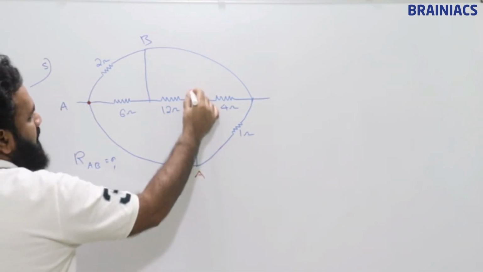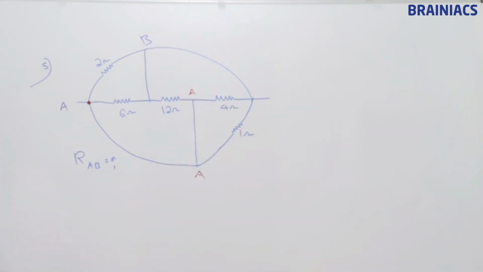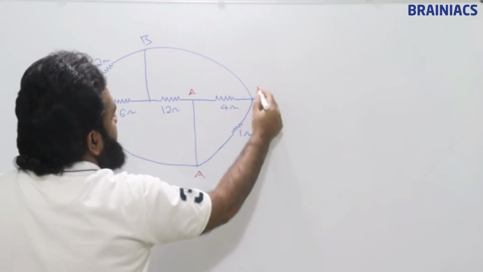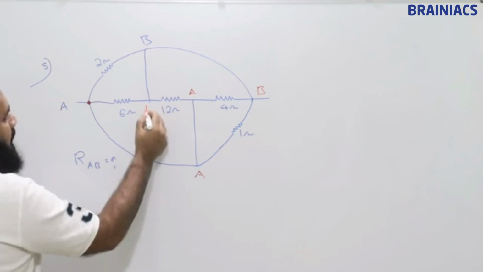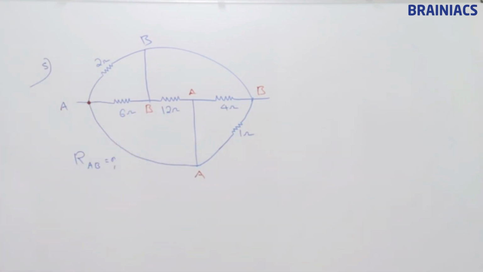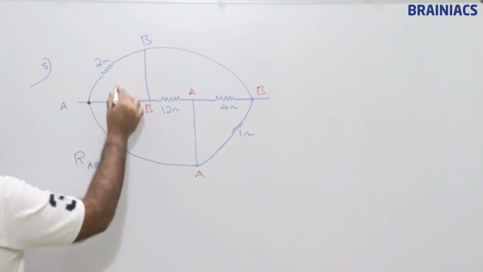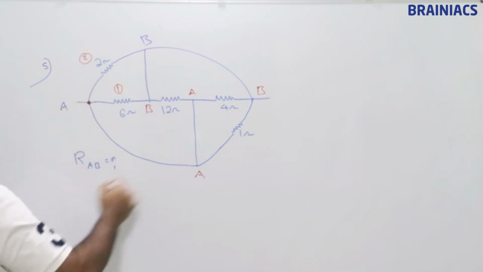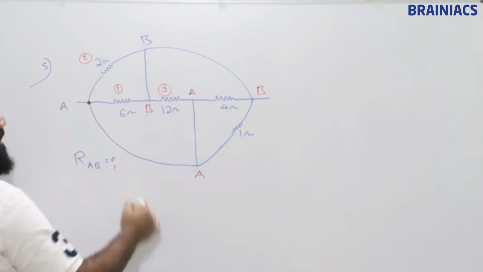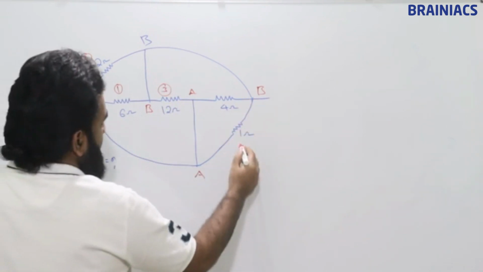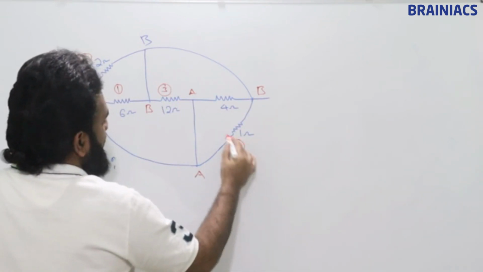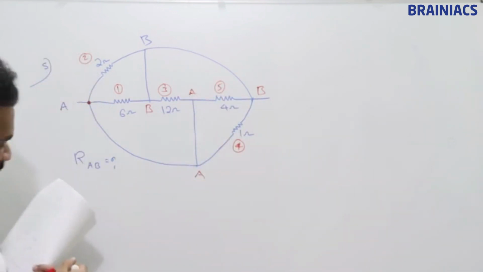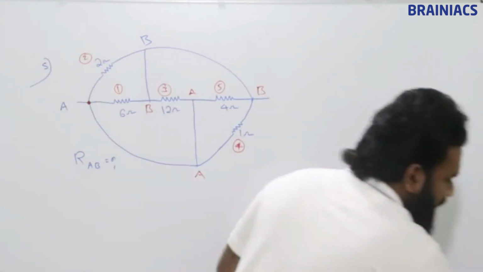Same way here, no resistance, so I can mark here A. This is B. So if we proceed like this, this is going to be B. Same way here, this is also B. So between A and B, this is one resistance. Between A and B, this is the second one. Between A and B, this is the third one. Between A and B, this is the fourth one, and this is the fifth one. So 5 resistances are there.